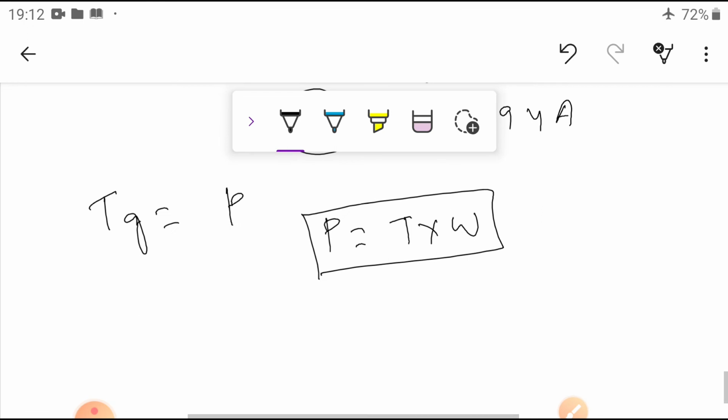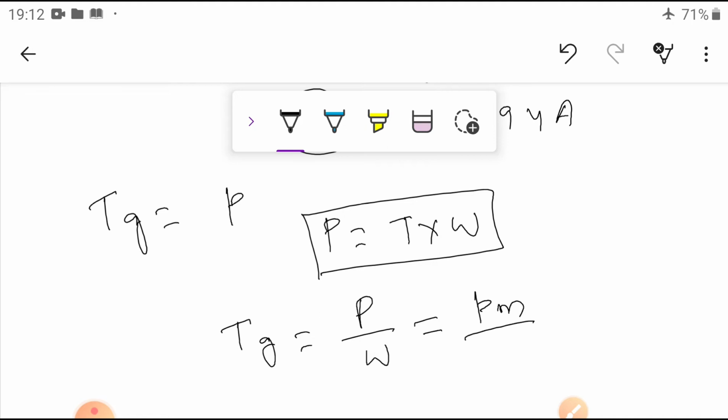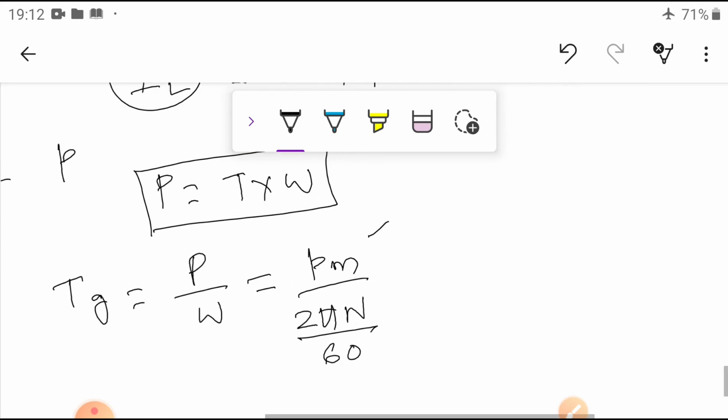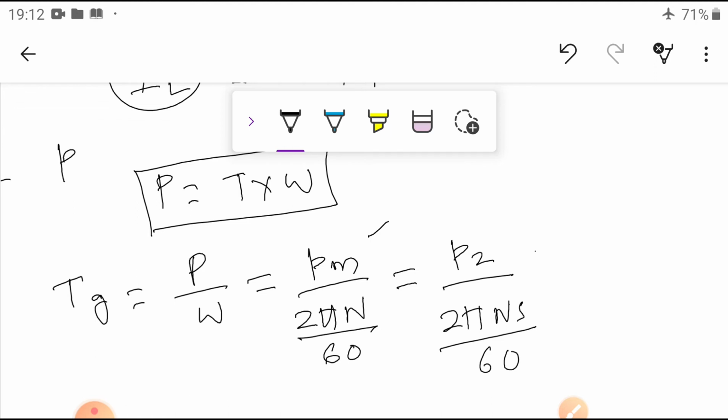I can write it in terms of Pm by 2 pi n by 60, or I can write another equation also, P2 by 2 pi ns by 60. By substituting these values, we are going to get the gross torque developed at the motor also.